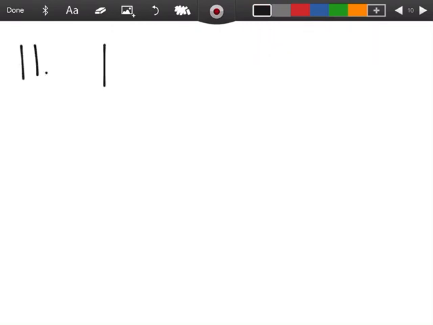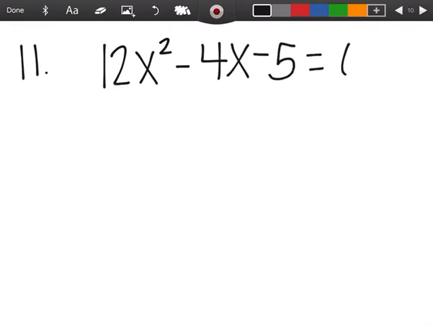So number 11 says 12x squared minus 4x minus 5 equals 0. So I could actually factor this. I could use the AC method because 12 times negative 5 is negative 60, and the two numbers that multiply to be negative 60 and add up to negative 4 are negative 10 and 6.